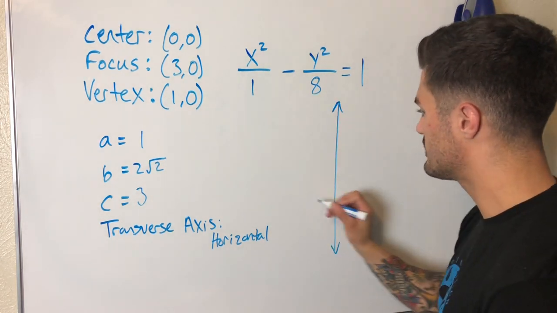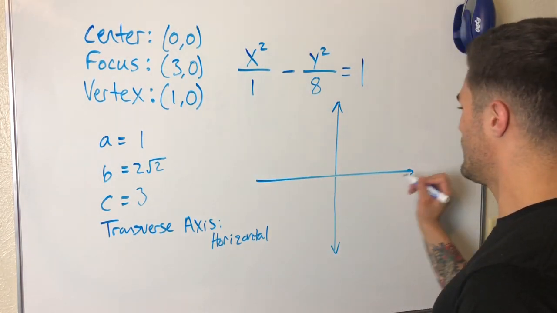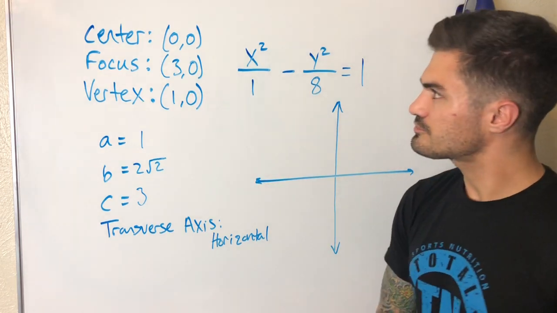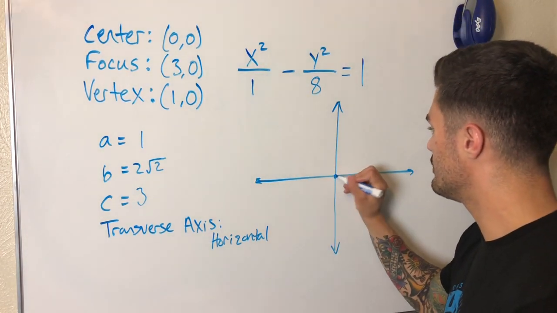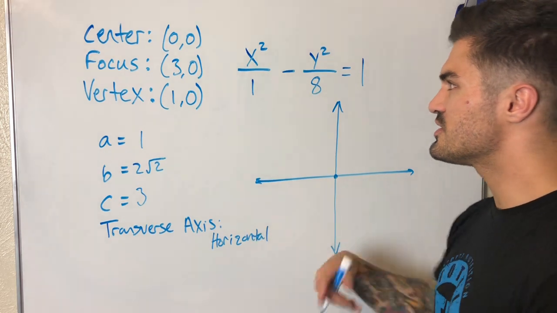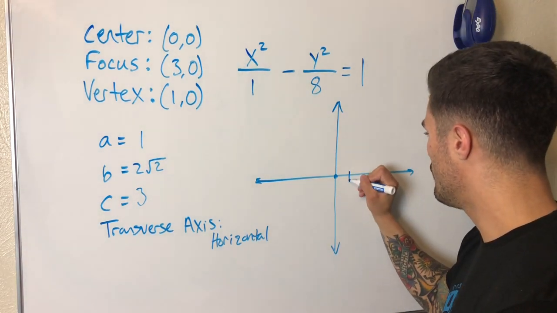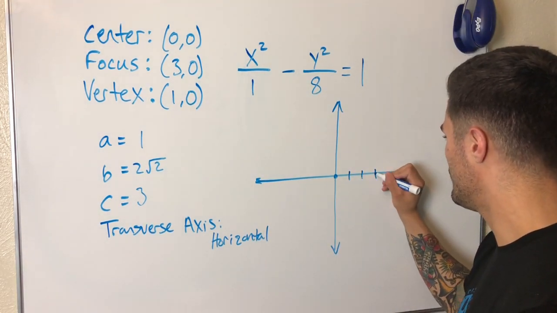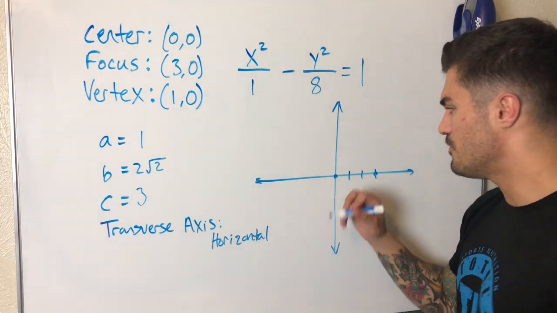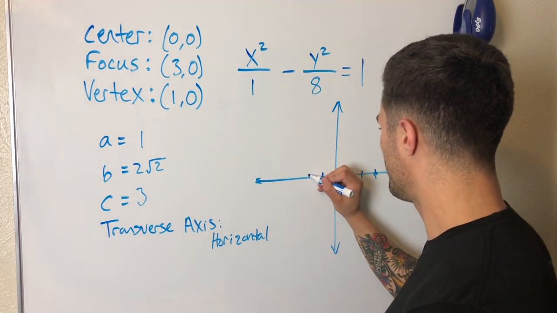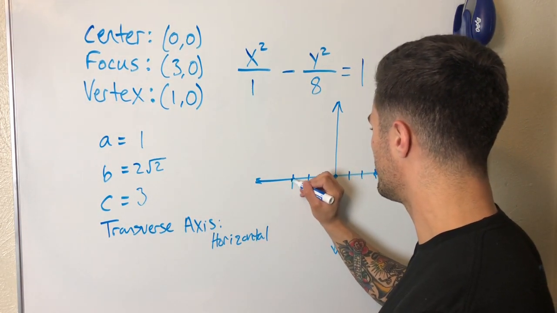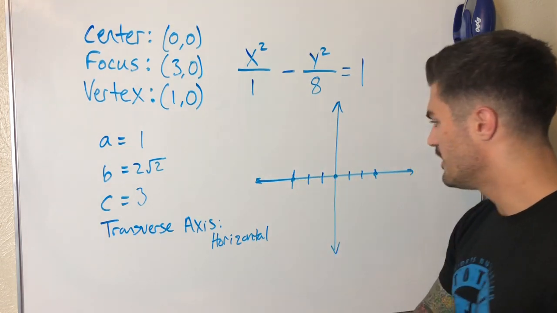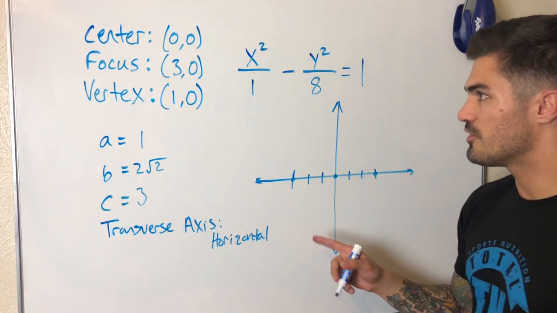This is my y-axis. Here's my x-axis. Center at 0, 0. Focus at 3, 0. So 1, 2, 3. And that means I have another focus at negative 3, 0, because again, just like with the ellipse, I have 2 foci and they're equal distance from my center.